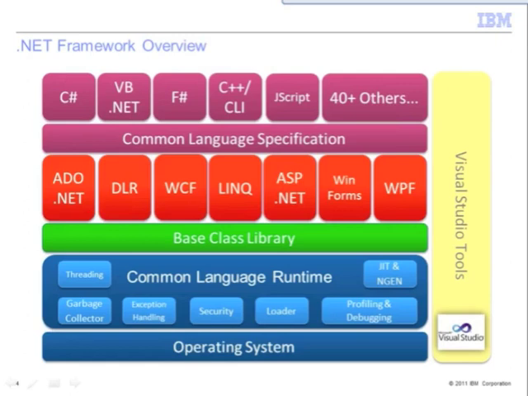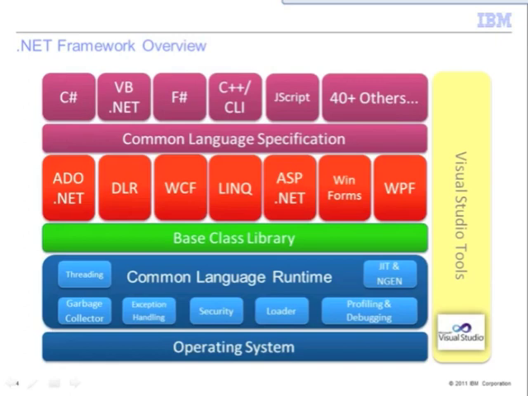Above there, we have something called the Common Language Runtime, or we usually refer to it as the CLR, and that is a virtual machine, very much like a Java virtual machine, that provides a set of libraries and classes and functionality to developers who write code that will run inside the CLR. So it provides services like threading support, garbage collection for memory management, exception handling, security, loading, profiling, debugging, etc., as well as JITting of code.